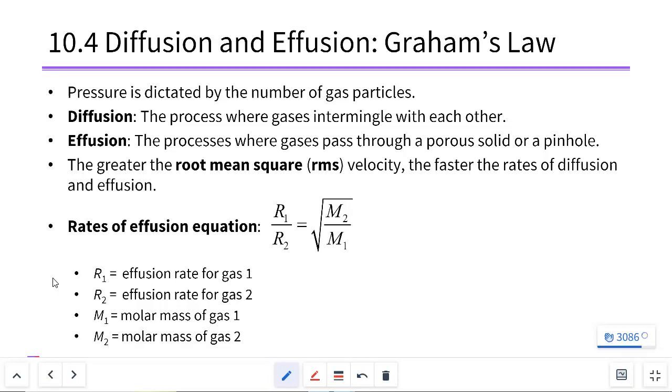It is different from diffusion. Diffusion, you've probably heard before, maybe in biology class, about the idea of when things mix. We talk about osmosis, the movement of water from an area of high concentration to low concentration.